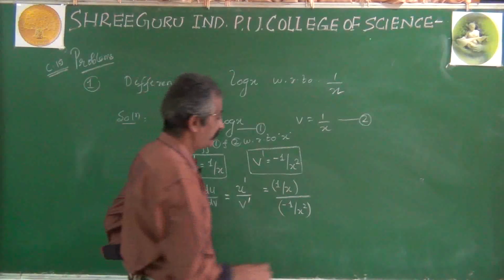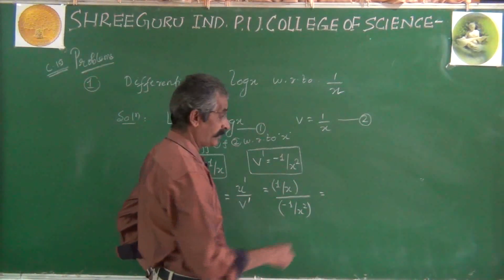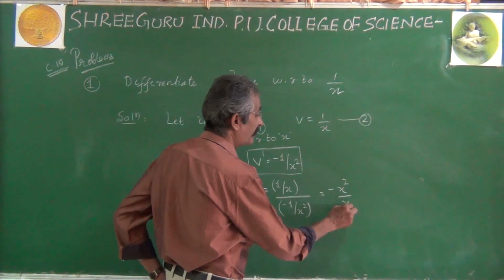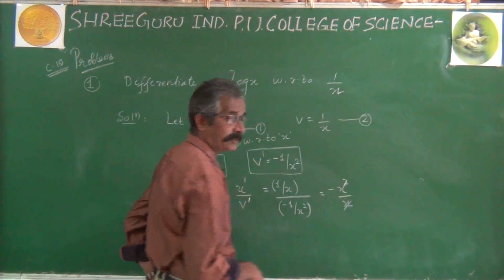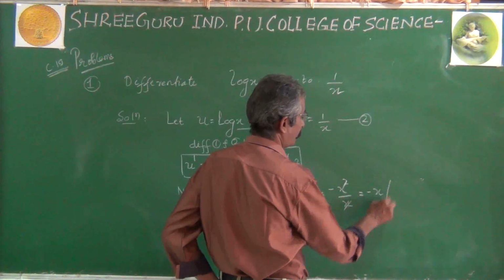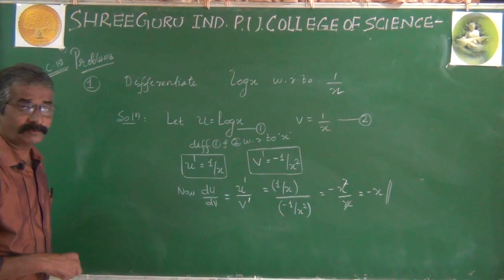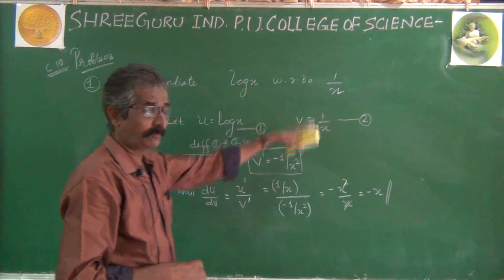Some nominal algebraic steps: as you know, x square will go to numerator, overall becomes minus x square divided by x, and obviously one factor of x will cancel out. The final answer is minus x. This is derivative of log x with respect to 1 by x.